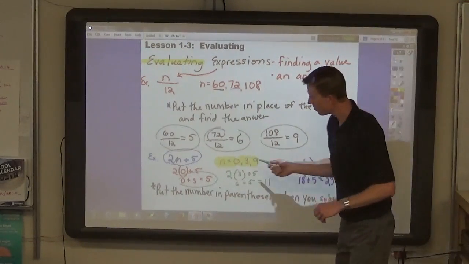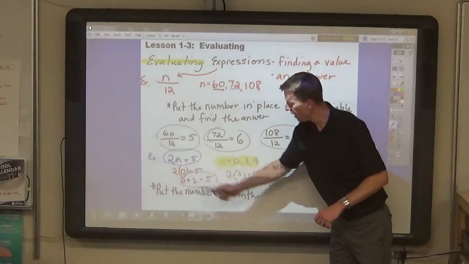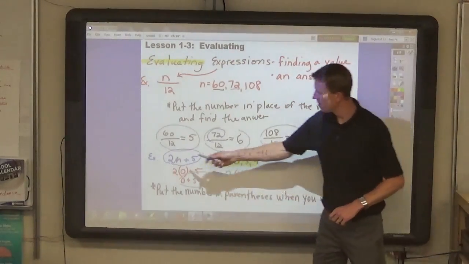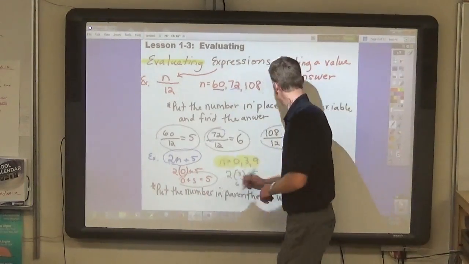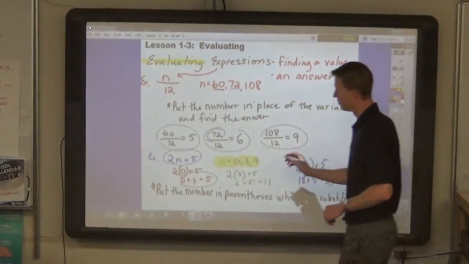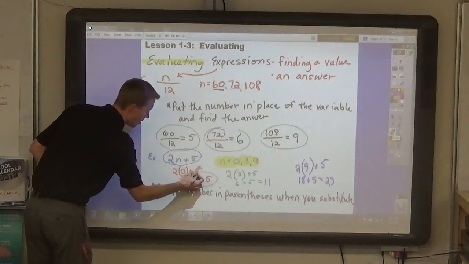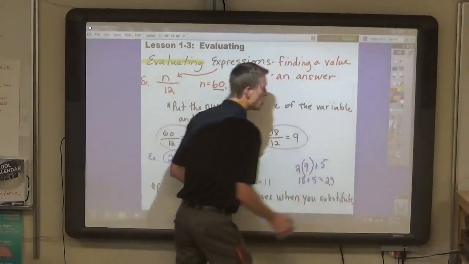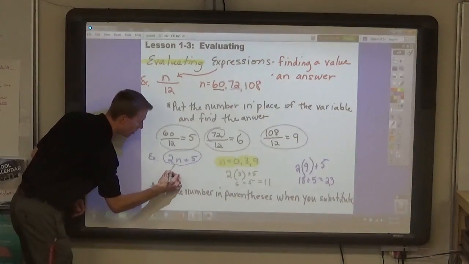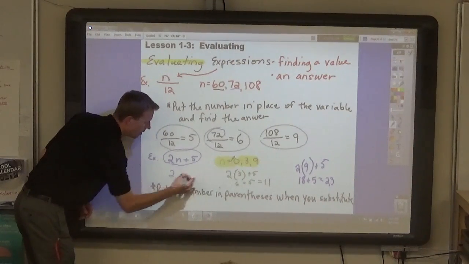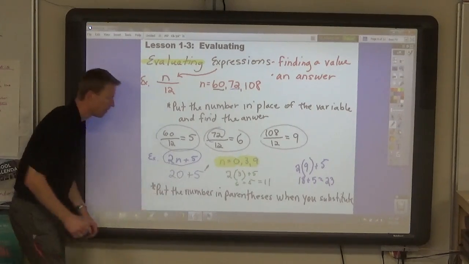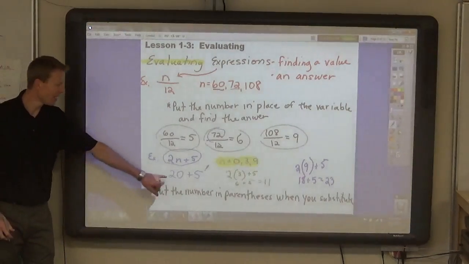So, if we just put the number in for n, it looks like 20. If we were to write this out and just put the number in place of the variable, 2n plus 5, it looks like 20, doesn't it?